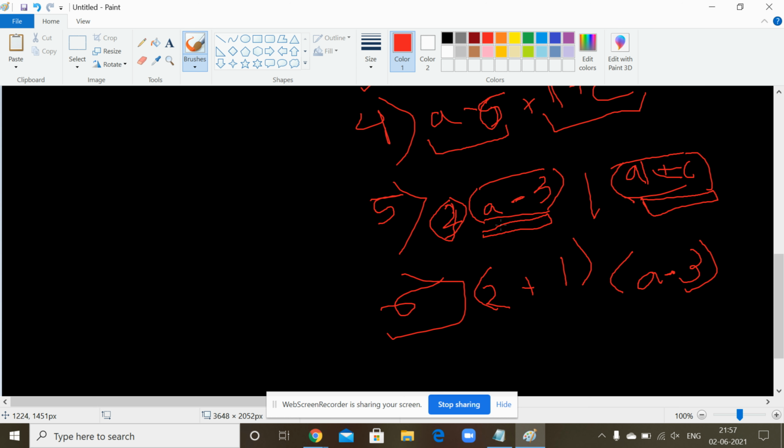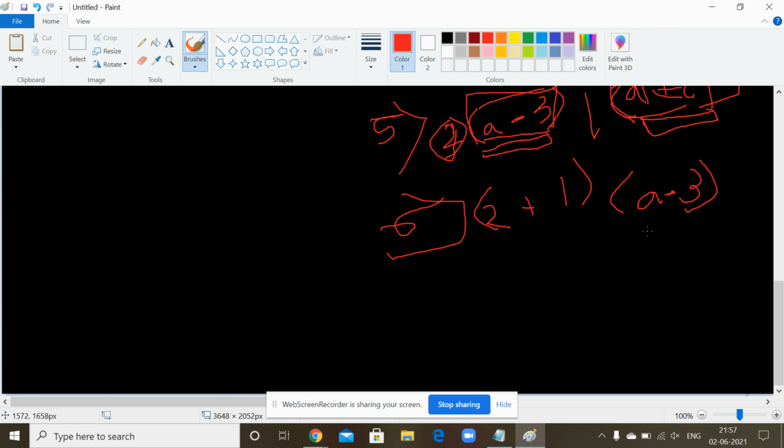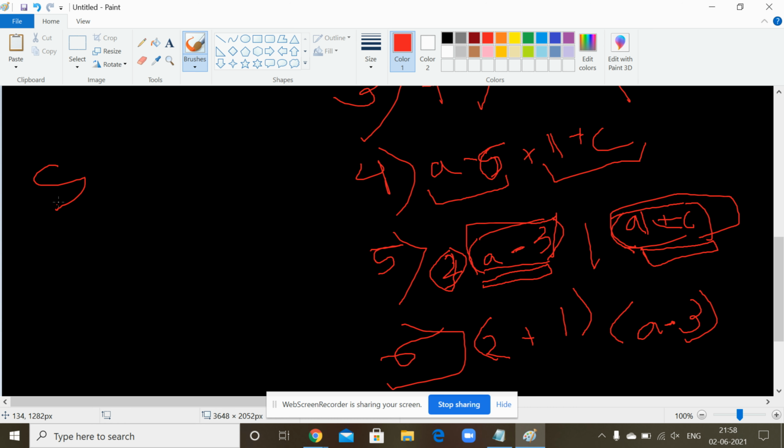So these two brackets should compulsorily have one number. If there are two different numbers, then we can understand that our answer is wrong.